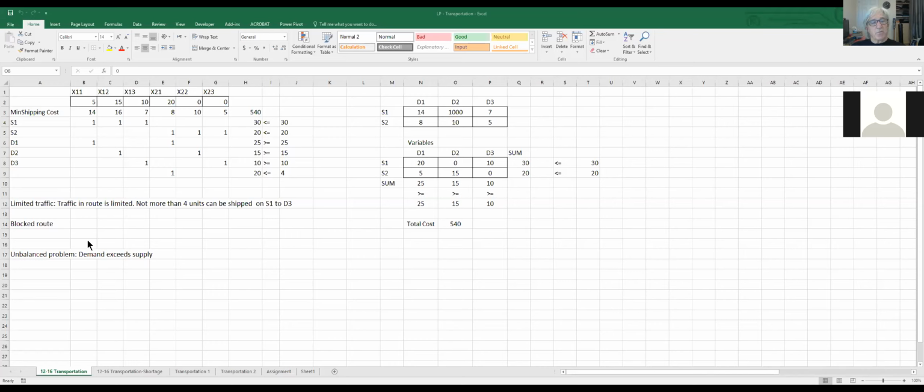You should be familiar with this page because we were there before. I just added a few pieces of information here and you can see what it is. I'm dealing with the limited traffic. That's the other issue. And how do you block routes? And when the demand exceeds the supply, I just finished that.